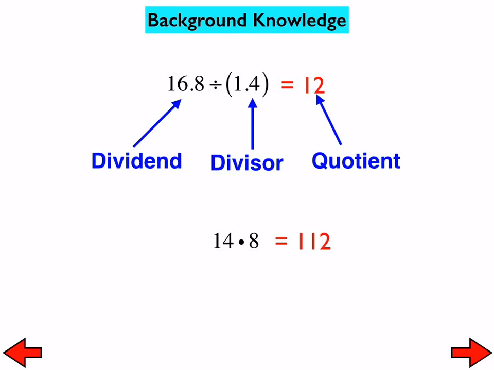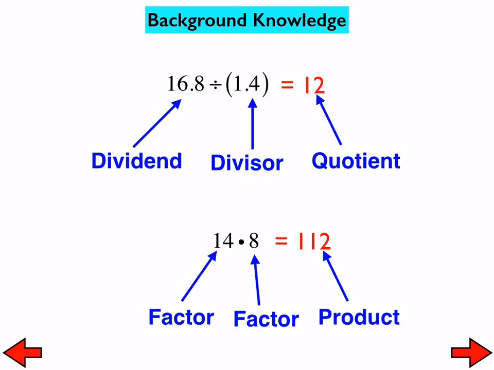And then 14 times 8 equals 112. 14 and 8 are both what we call factors of 112, because the product of 14 and 8 is 112. So 14 is a factor of 112, 8 is a factor of 112, and 112 is the product. And the reason why I'm reviewing this from 6th grade is we're going to throw out some of these terms as we're going through the problems today.